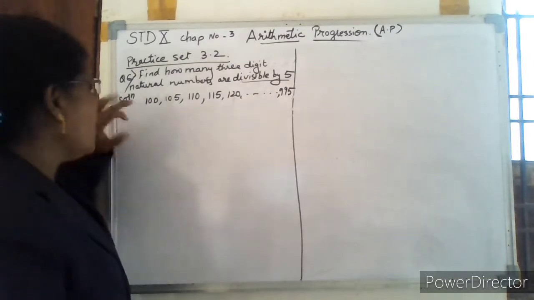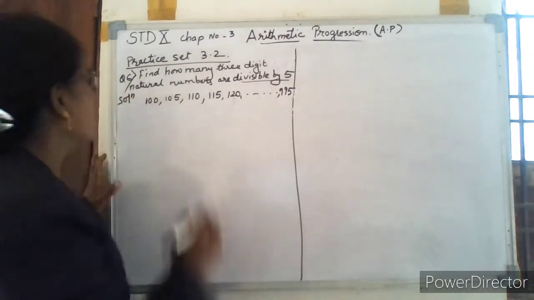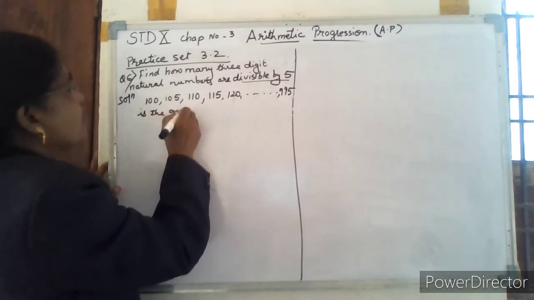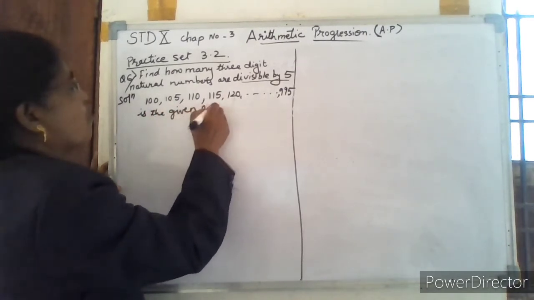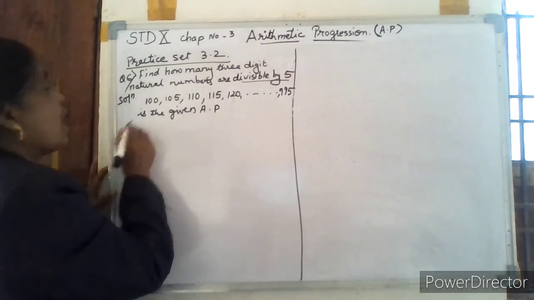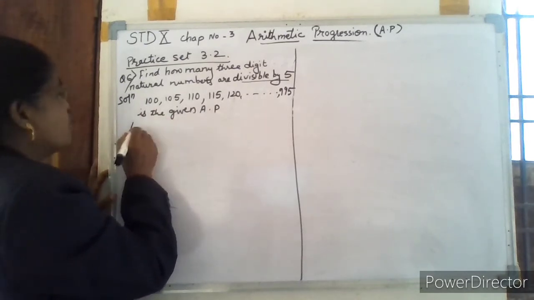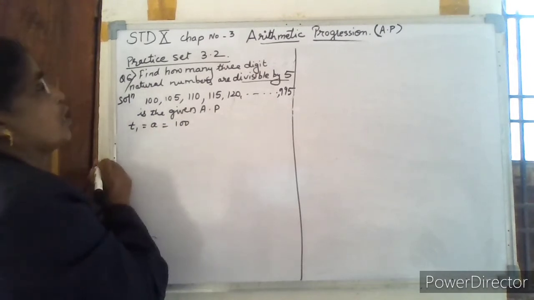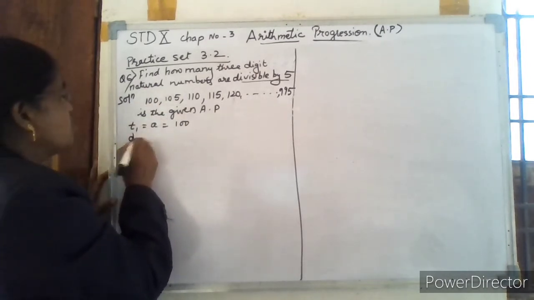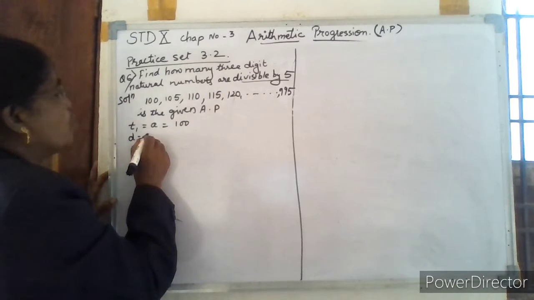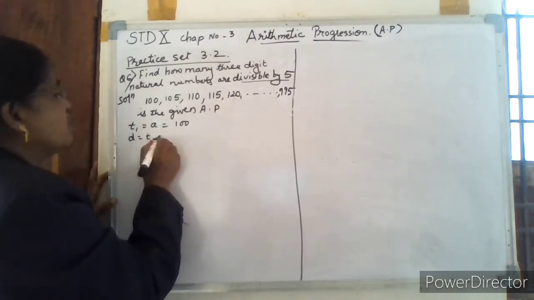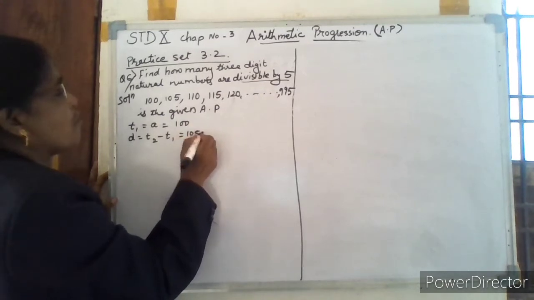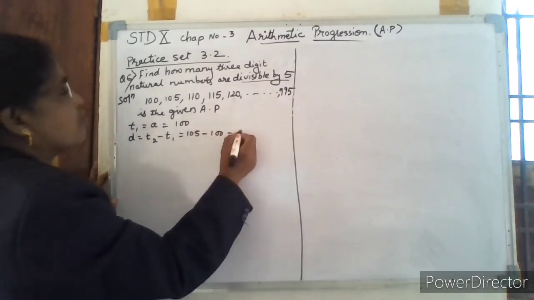This is the given AP. From this AP we have the A value, the first term, equal to 100. Now what is D? D is equal to second term minus first term, that is 105 minus 100, equal to 5.